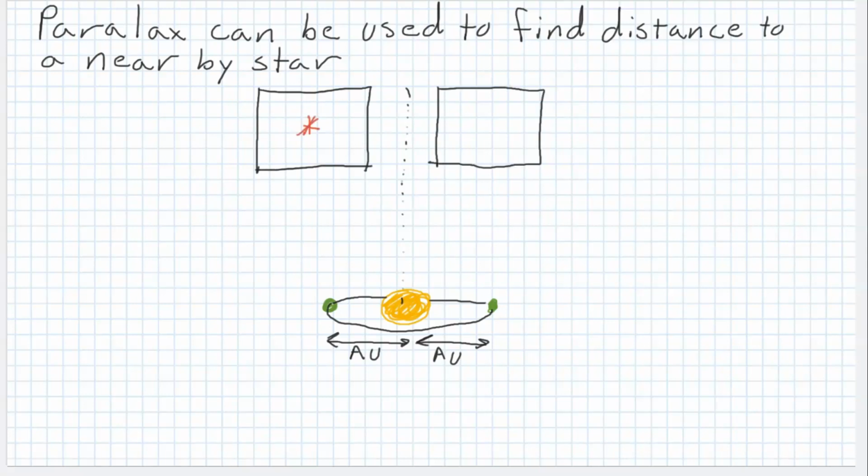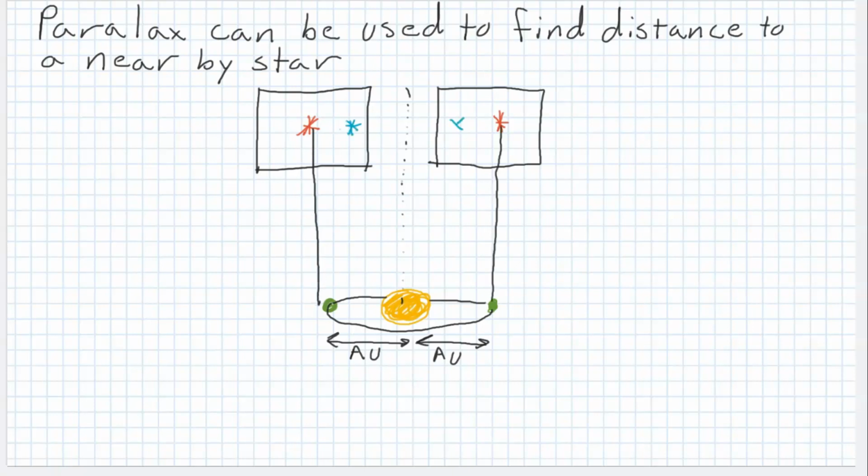If I have a very distant star in red, when you look up at that very distant star from the Earth, it should always appear in the same place. So when I look up at that star from the Earth the first time point, or from the second time point, 6 months later, I still see that it's directly above me.